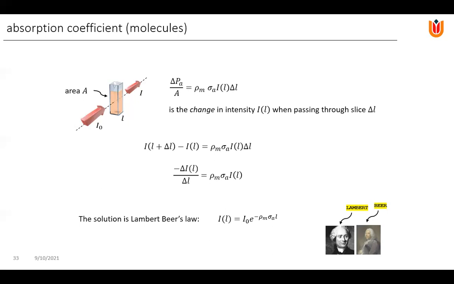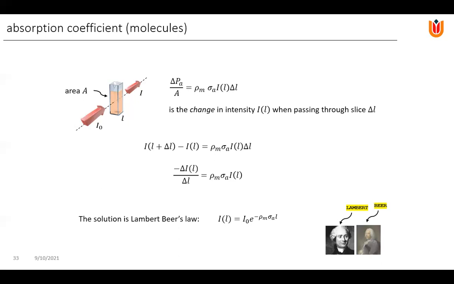That is given by some constant, of course, whatever you put in, and then an exponential decay that is proportional to the number of particles in the volume, the whole rho, that is proportional to the absorption strength of one of the particles, and that is proportional to the length of the cuvette that you go through.